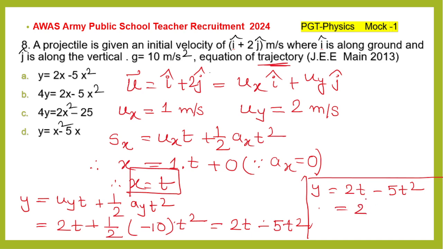Put this value in place of t, that is 2x minus 5x square. So what is the final result, or what is the equation of trajectory? That is y is equal to 2x minus 5x square. Here option number A is your correct answer. I hope you understood it.